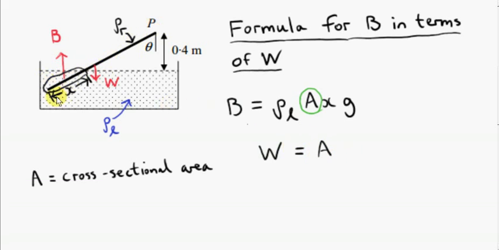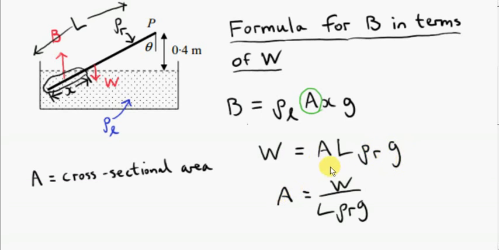Let's say the length is L, capital L, using small l for the liquid. Okay, so this is the volume, and we multiply this by the density of the rod. Volume times density gives us the mass of the rod, and we multiply by g for the weight of the rod. Next, we rearrange this for A, and we just plug this in for A.